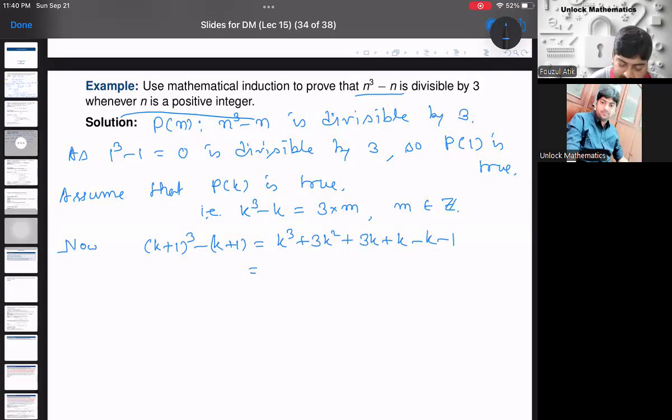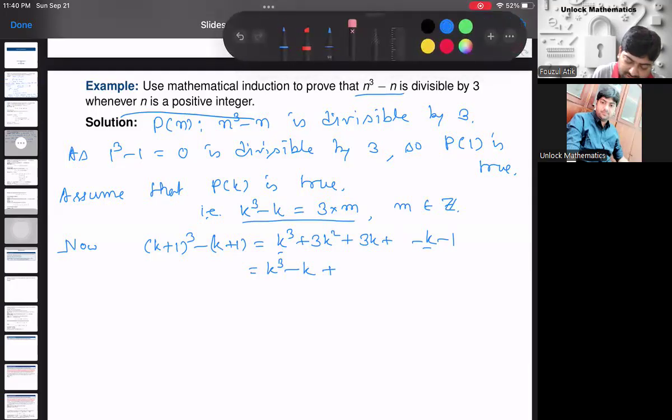We have to prove that this expression is in the form of a multiple of 3. So we can always take the help of P of k. Now I'll just rearrange: I have taken k cube minus k, and then, sorry, here I have made a little mistake, this is actually 1.